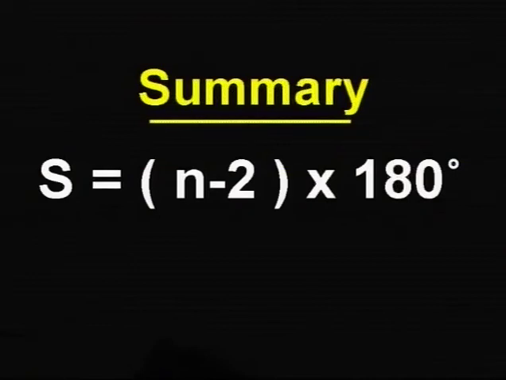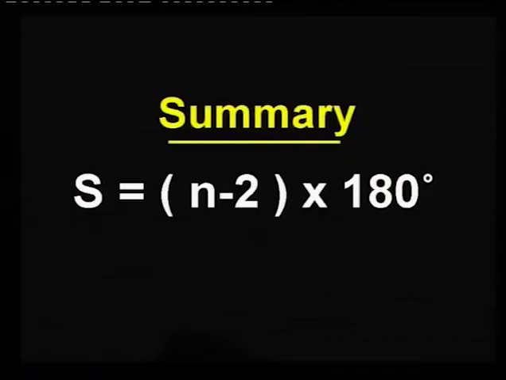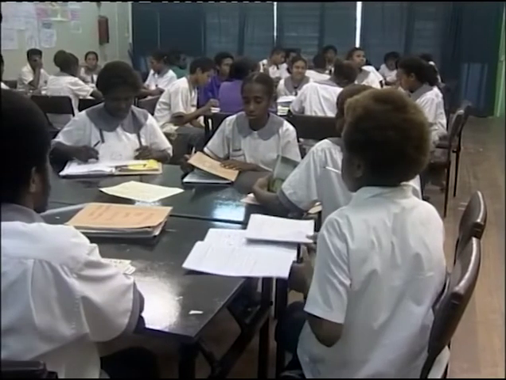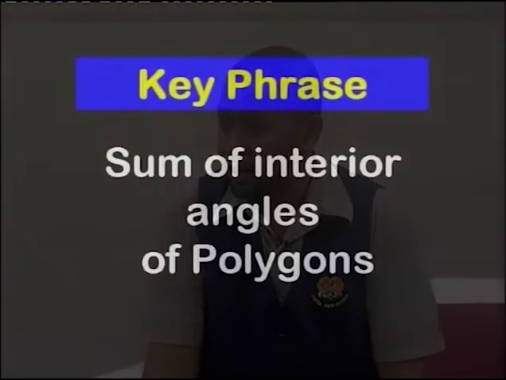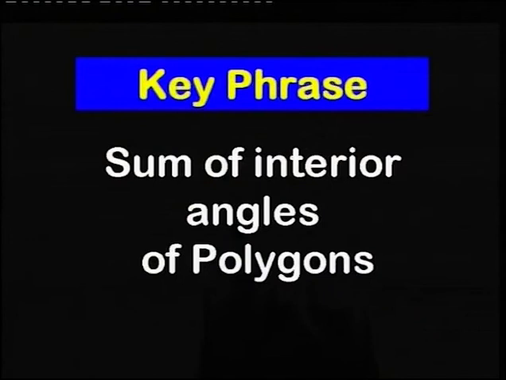Letter S represents the sum of the polygon, and n represents the number of sides. With that, our key phrase for today's lesson is sum of interior angles of polygons.